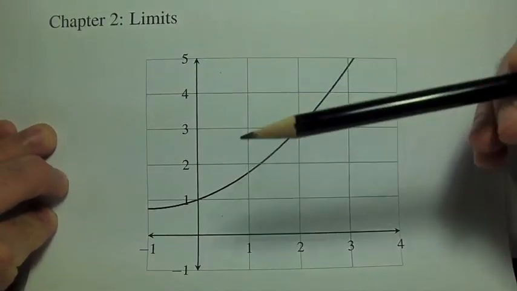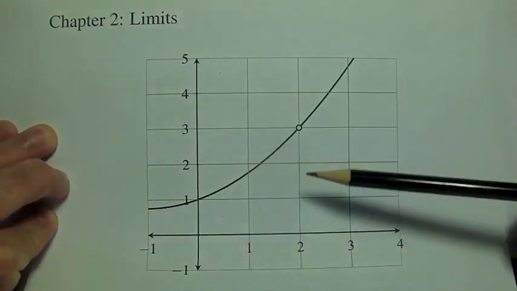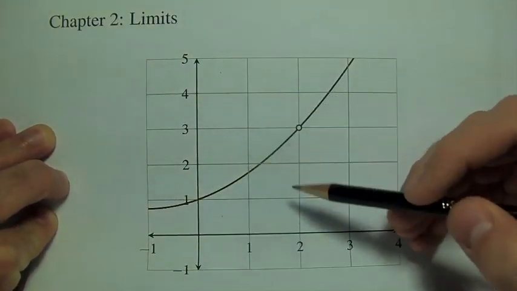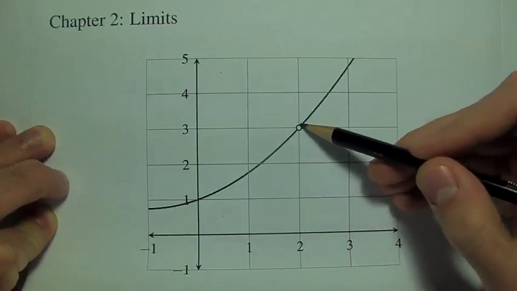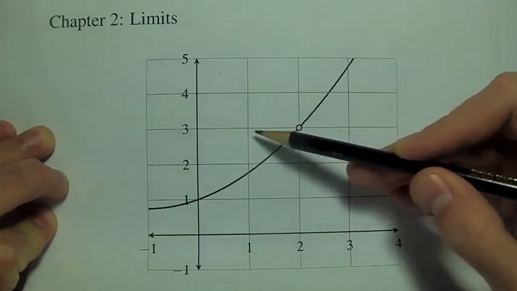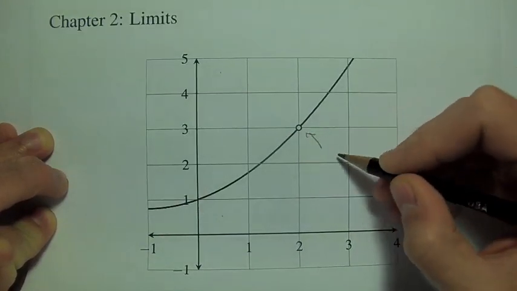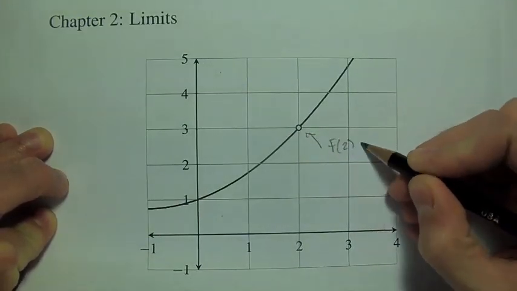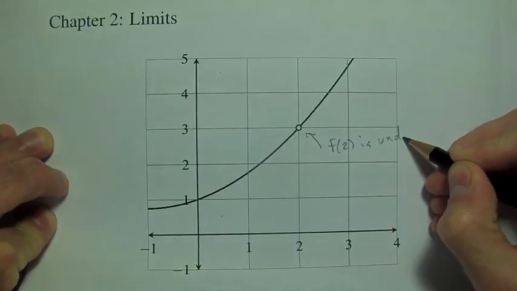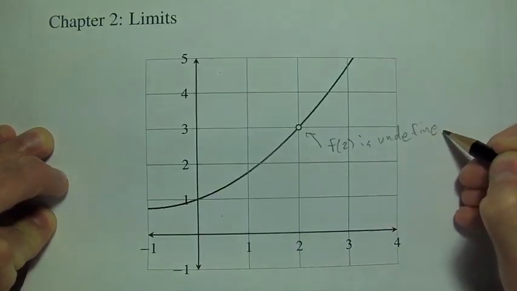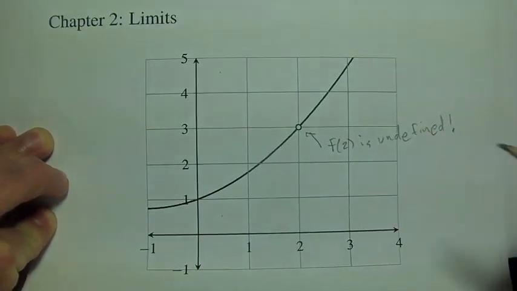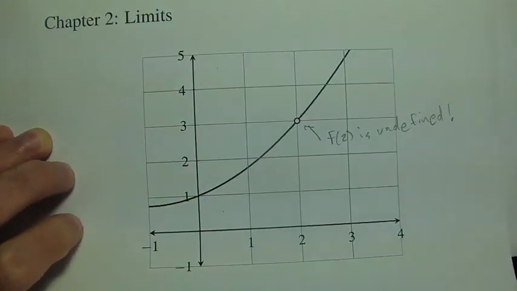Okay? Graph, and this is the point 2, 3, right? When x actually equals 2, f is undefined. That's why we have a hole here, right? Because f of 2 is undefined. But, okay, and here's where the limit comes in.